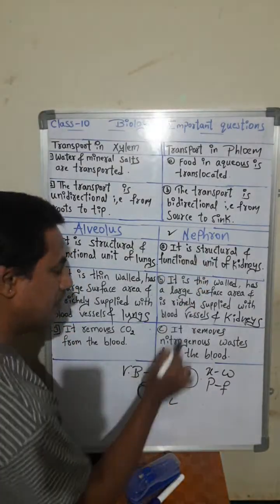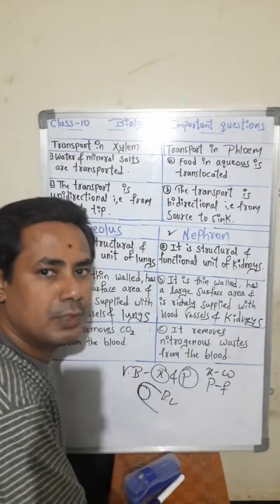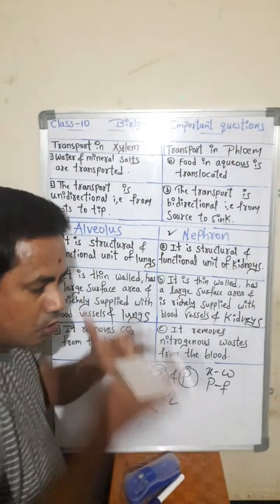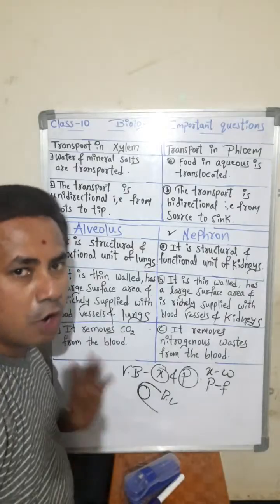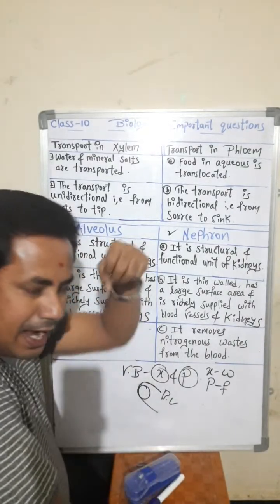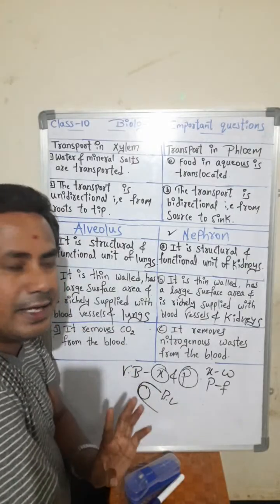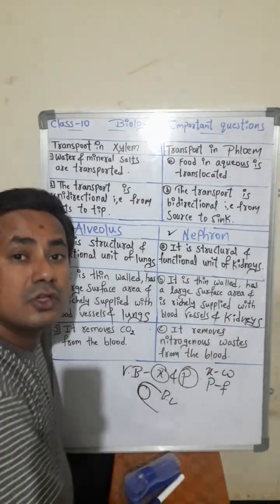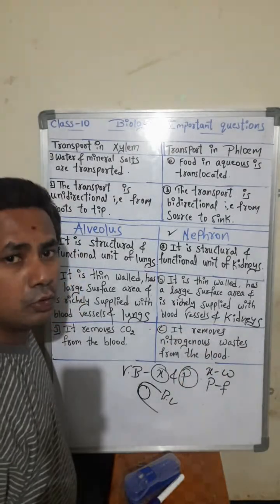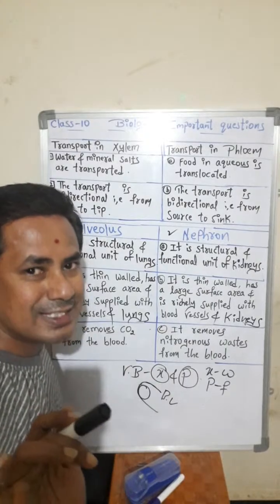Okay. What will nephrons do? It removes nitrogenous wastes from the blood. All the waste materials formed in our body, the blood will carry, and it is filtered in the kidneys, which remove the waste material. That is nitrogenous waste. Already I have told you, nitrogenous wastes are urea, uric acid.